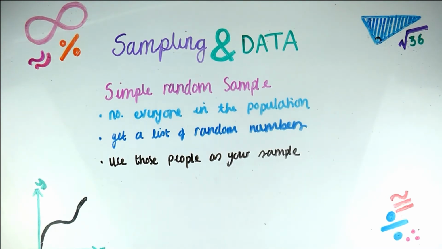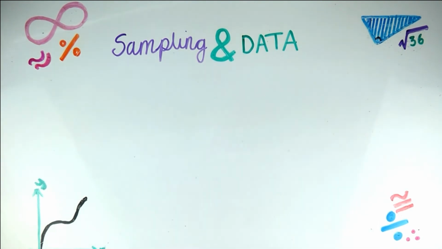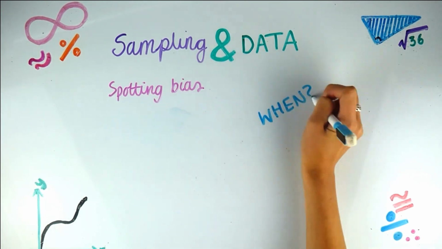Sometimes it's really important, especially nowadays in the media, to spot a problem or spot bias when people have done some statistical study. So you need to be quite savvy and be able to spot bias. The questions you're going to ask yourself when you're trying to spot bias and see if this study is accurate and fair are: when, where, how, and how many.